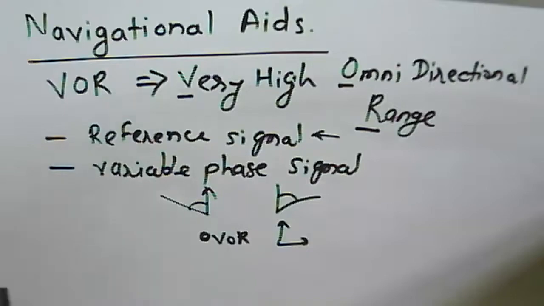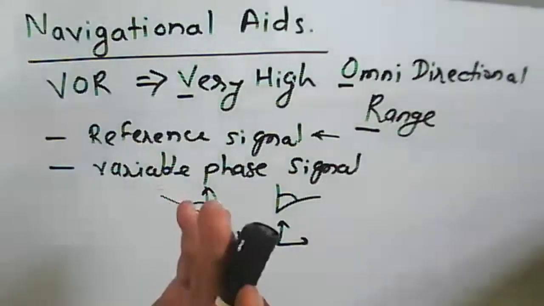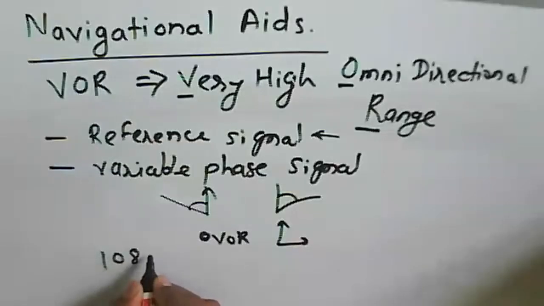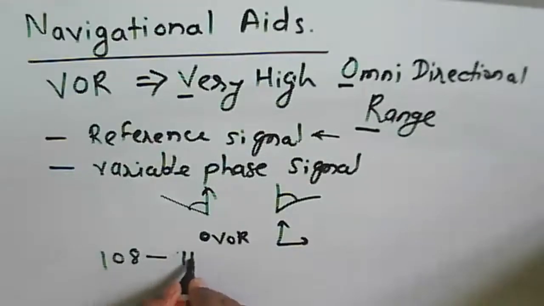There are two types, generally in terms of two altitudes: high altitude and low altitude VOR. Both use the same frequency range, with only a small variation in the frequency. Generally it operates from 108 to 118 here.